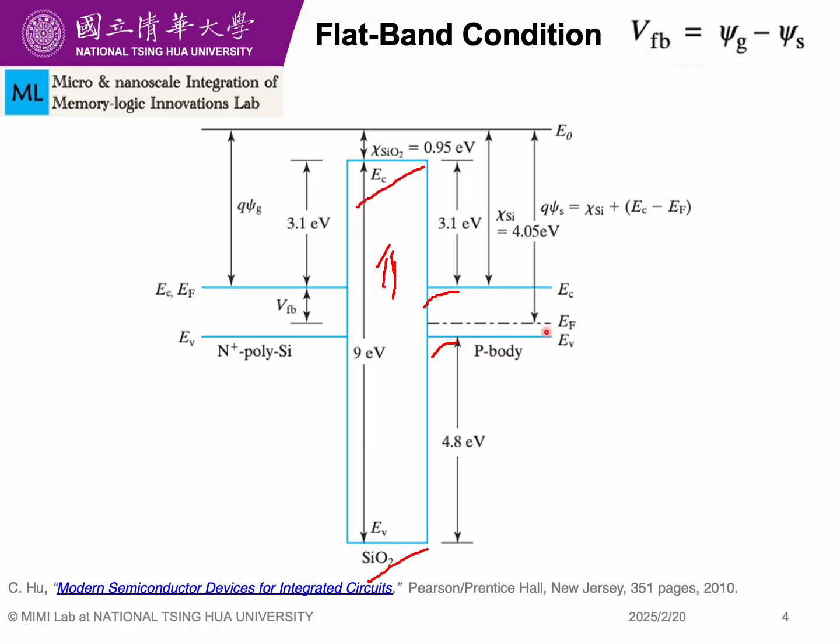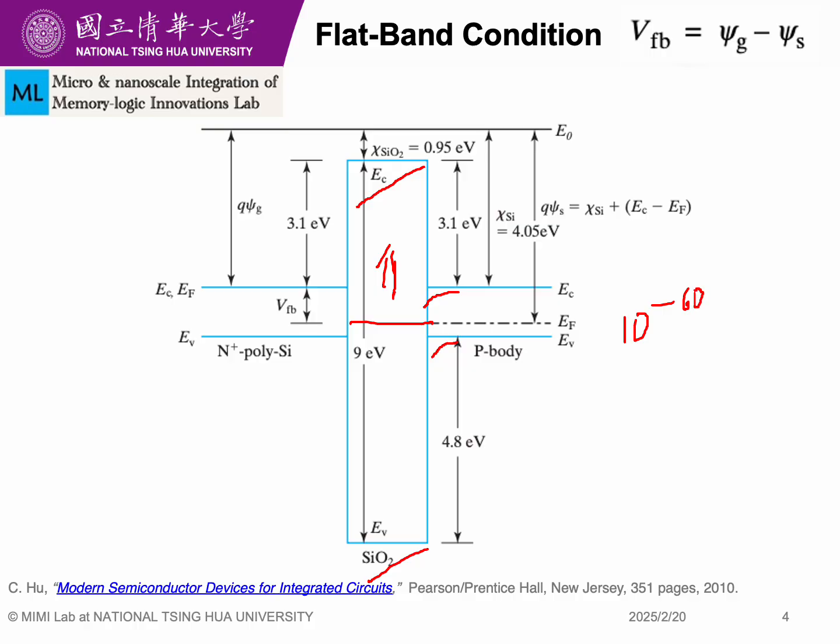Now, if we place the EF somewhere in the middle, what will happen? The number of carriers will be very small. How do we get the number of carriers? It will be approximately 10 to the power minus 60.